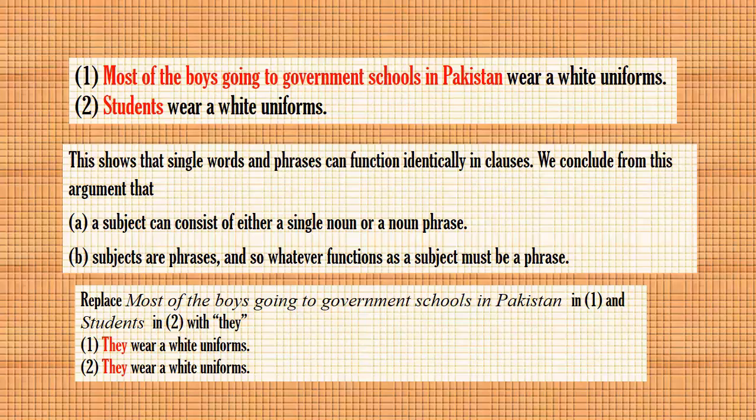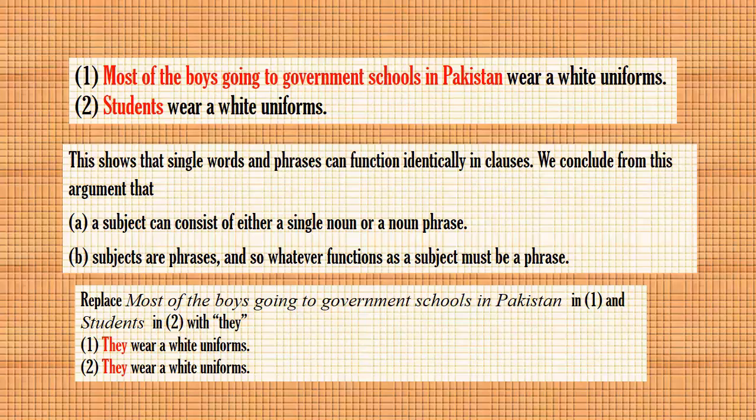If we assume A, then whenever we define subject or any other grammatical unit functioning as subject, we must always specify that it can be expressed as a word or as a phrase.